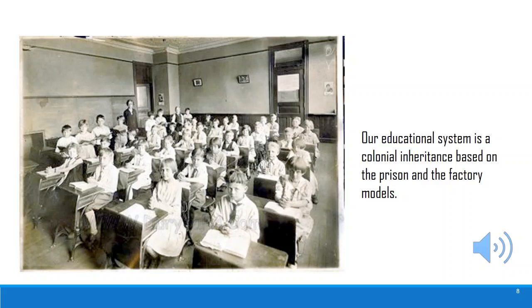If you look at the prison as well as a school as a system, then you will notice that there are many things in common, such as timetables, uniforms, the morning assembly, the roll calls, the need to subjugate the learner through control of the body, the cell structure, that means a linear seating arrangement, and even the need to monitor the child all the time or to supervise the child. All these are coming from the prison and the factory models. So there's, of course, a need to change our educational methodologies and our models.